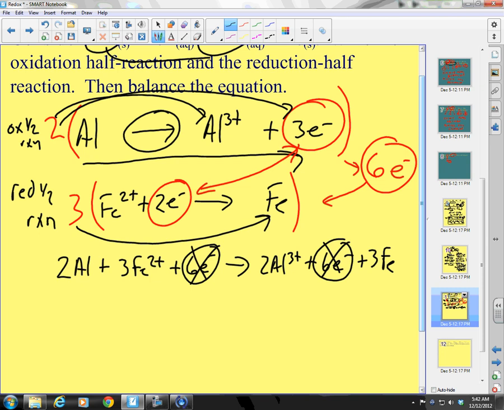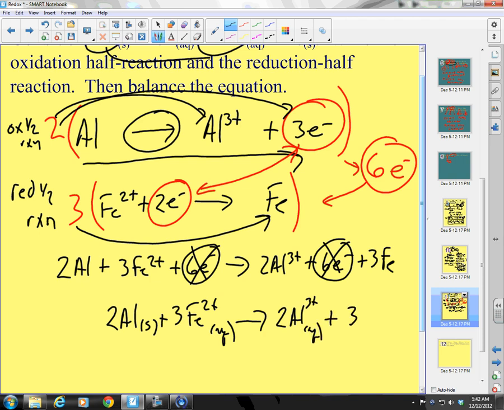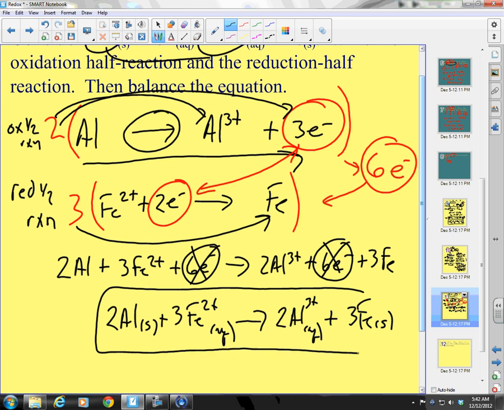Yoink, yoink, and that better happen every time. If your electrons don't cancel, you've made a mistake. I have 2 aluminums plus 3 iron 2s, aqueous. And what does that yield? 2 aluminum cations, aqueous, plus 3 irons, solid. And that is my balanced redox.